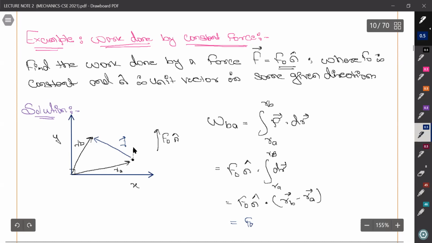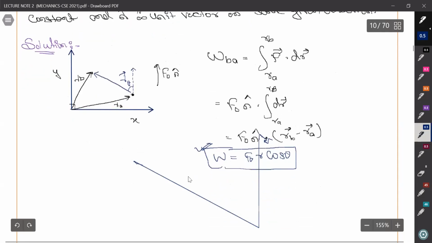Suppose this is the angle theta between them. We can write it as F naught R cos theta. This is the work done by the constant force, F naught R cos theta.